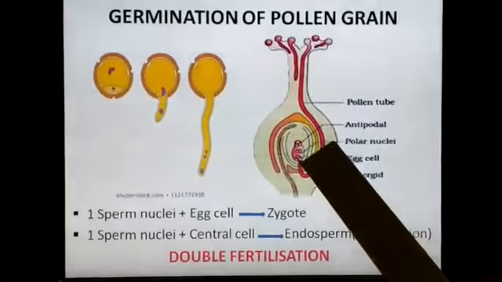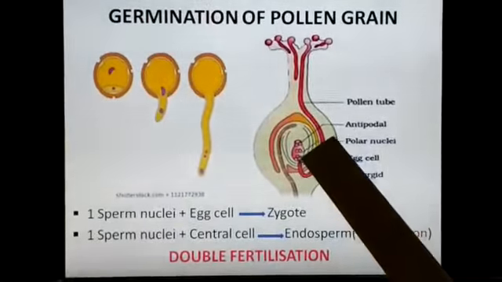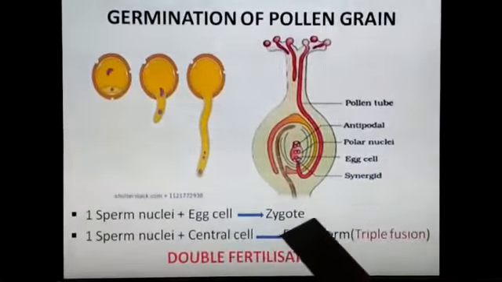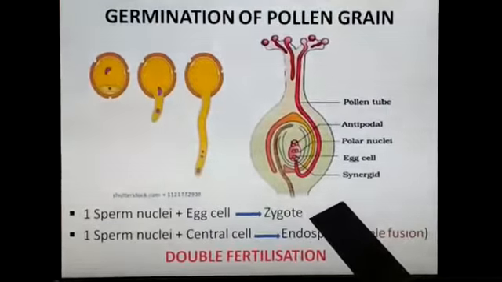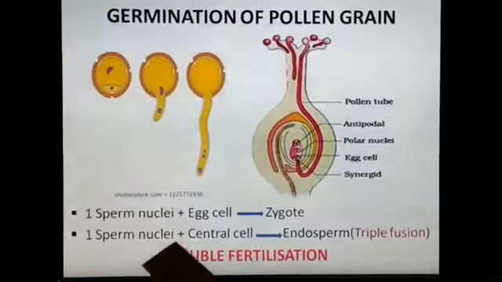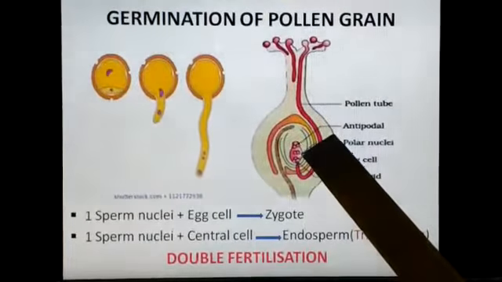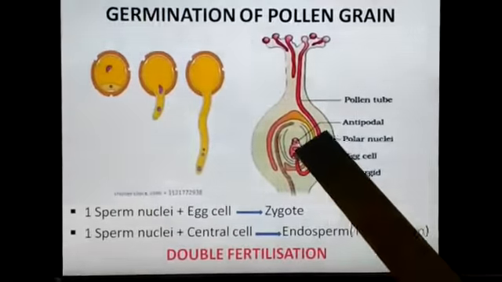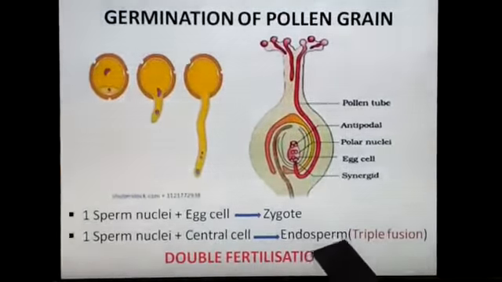One sperm nucleus here fuses with the egg cell and results in the formation of zygote. This is the first step of fertilization. The second sperm nucleus moves inwards and reaches the central cell. And here it fuses with the central cell containing two polar nuclei and results in formation of endosperm.